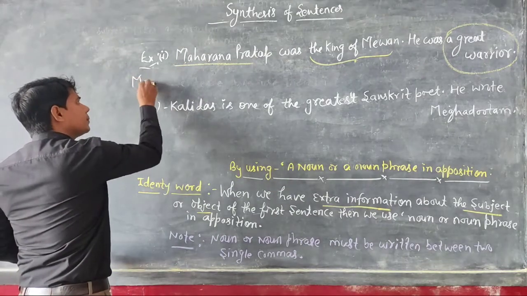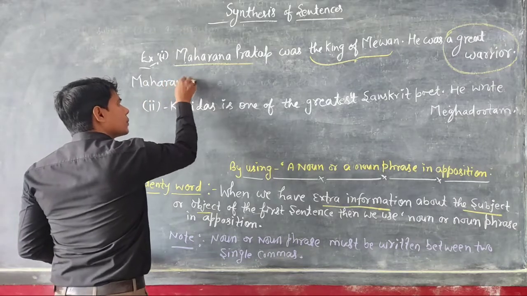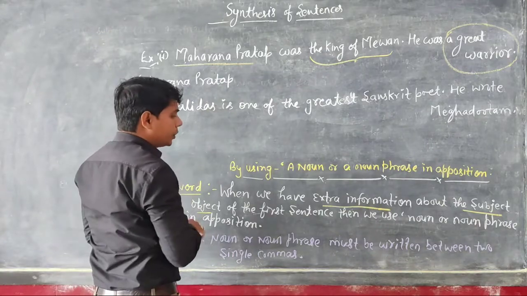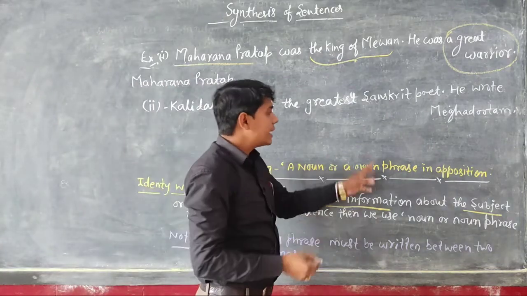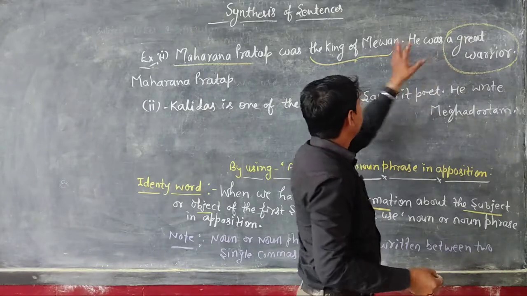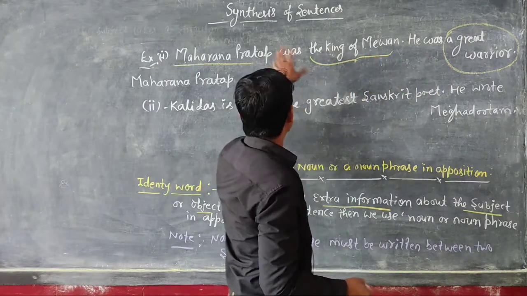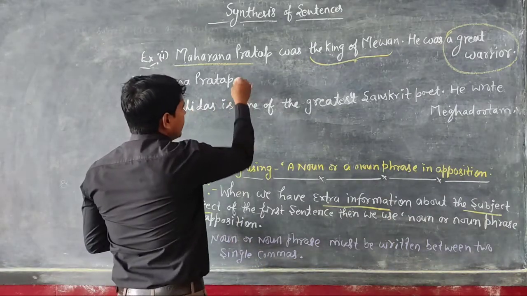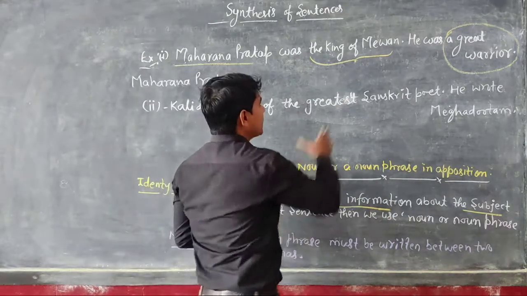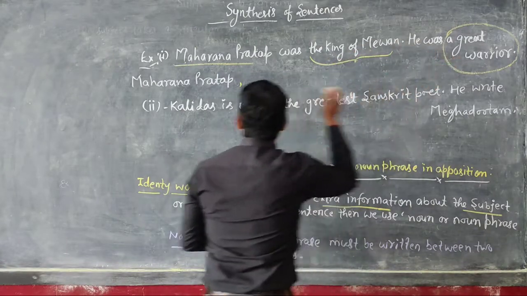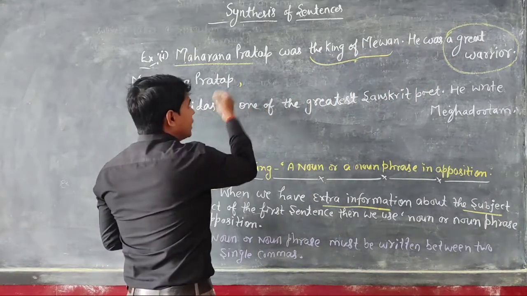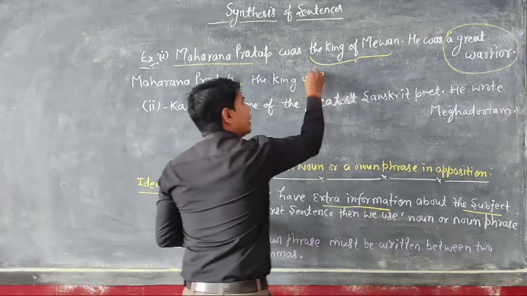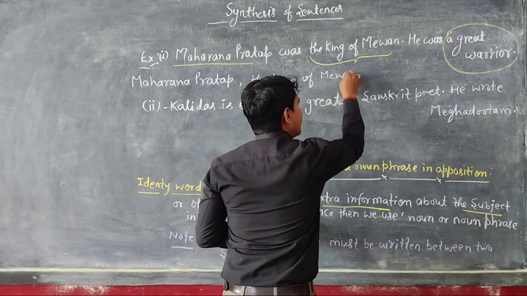So you will mention here Maharana Pratap, and I have told you that the additional knowledge told about the noun must always be in two single commas. So after that we put a single comma, then you can mention this or that just after the noun, in apposition: the king of Mewar.